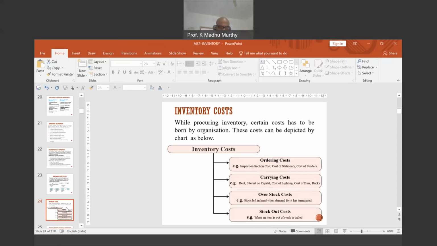For example, the ordering costs. Ordering costs are costs for placing orders and expecting some inspection to take place.